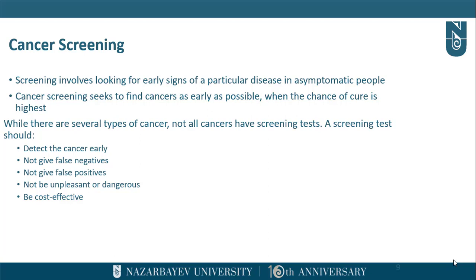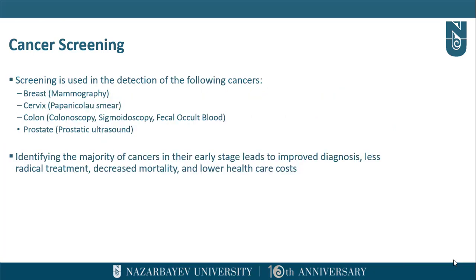It needs to really detect the cancer early, and it needs to be precise without giving false negatives or false positives. So we have different cancer screening for a group of cancers like breast, cervix, colon, or prostate. For breast, it's mammography. For cervix, it's a Papanicolaou smear. For colon, it's a colonoscopy, and prostatic ultrasound for the prostate.